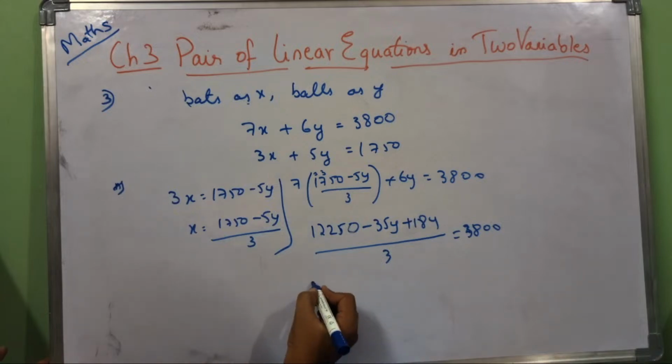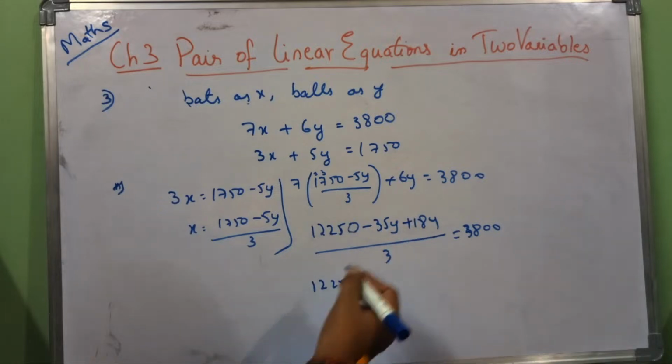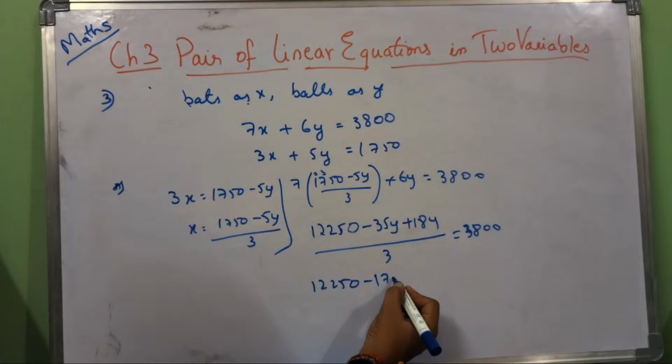So 12250, and 35y and 18y, you will get minus 17y.